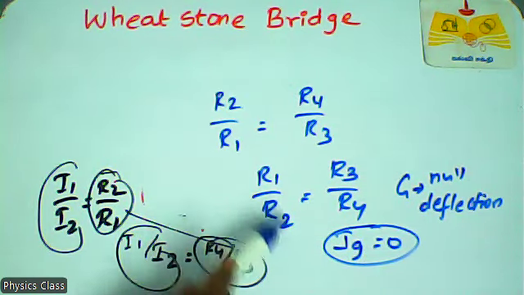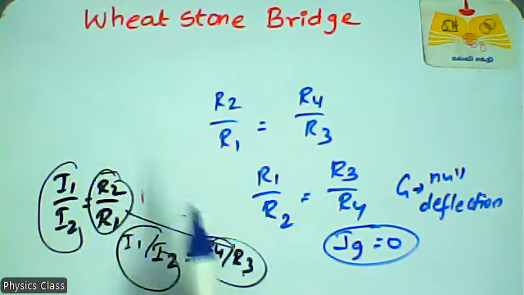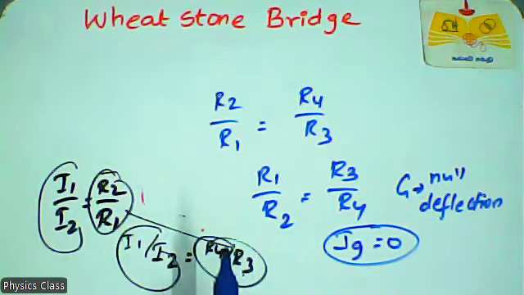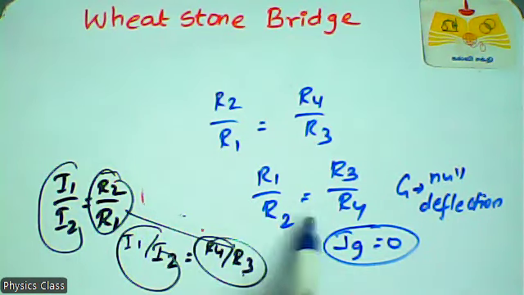Suppose we know the values of two adjacent resistors, R1, R2, or R3, R4, or R1, R3, or R2, R4. Then the other two resistances can be compared like this.